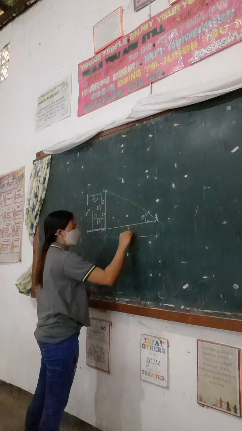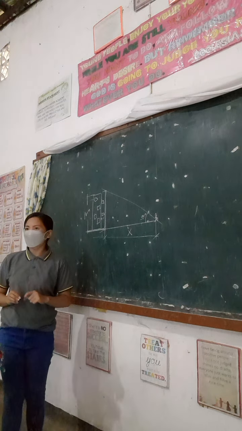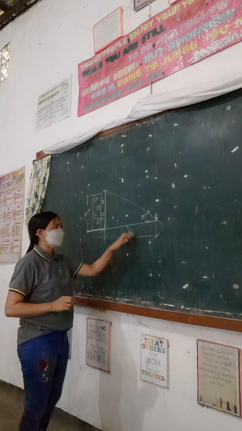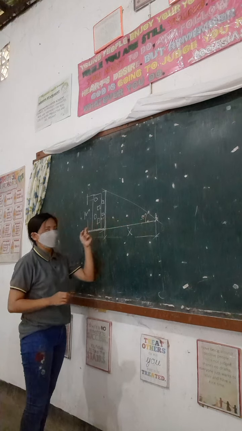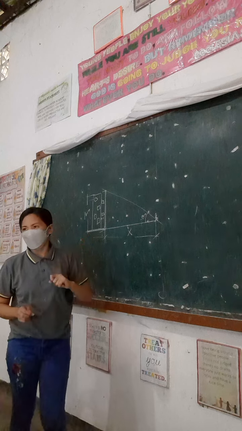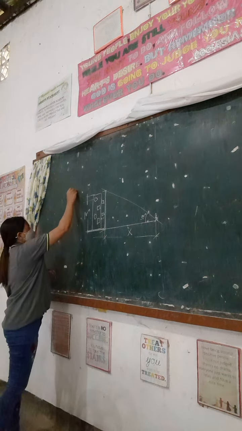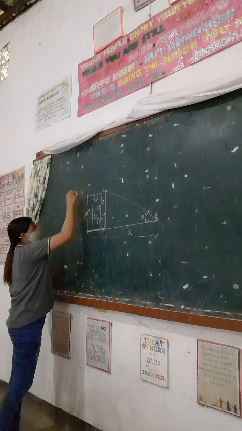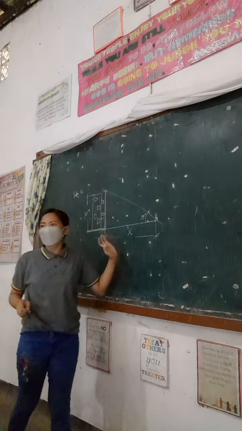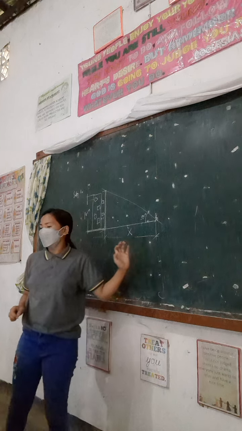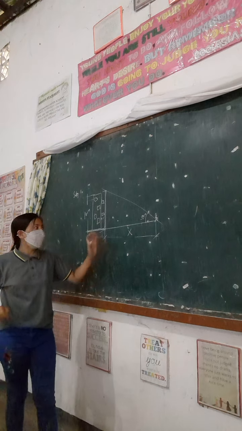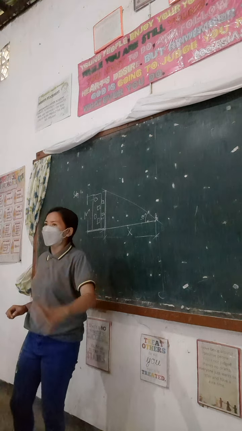So this is what we are looking for: the distance of the observer from the building. Do you follow? Yes. Now, we already had our step 1, which is to draw and label our illustration.